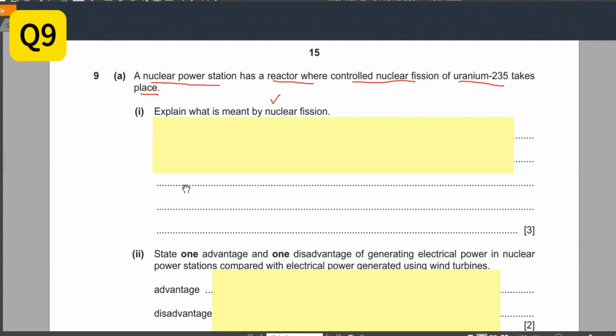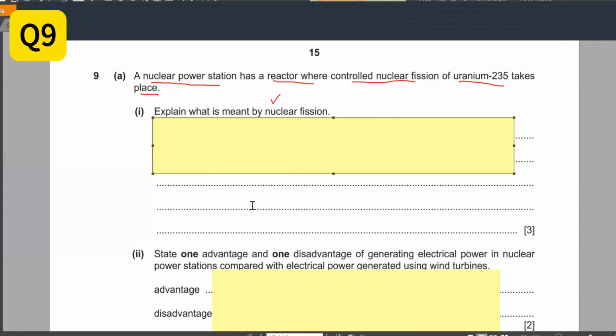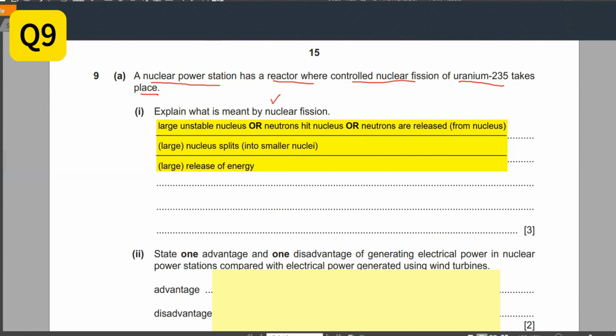Nuclear fission means we take a nucleus and break it into smaller nuclei. We take a large unstable nucleus, and then we split it into smaller nuclei to release energy. So this is the idea for nuclear fission.